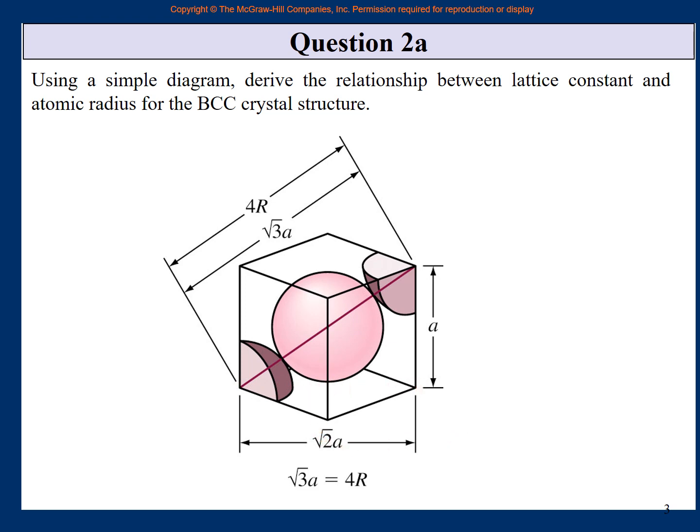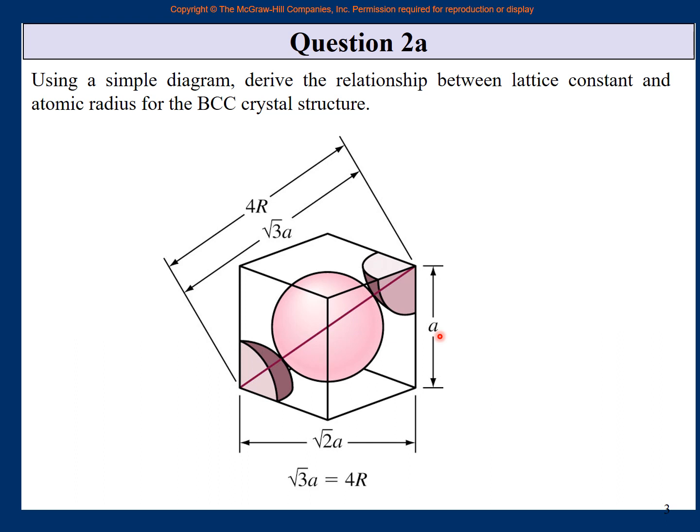This you have done, but this is now clear. Now the final triangle: this side is root 2 a, that side is a. So for this side, root 2 a whole square plus a square under root. Root 2 a whole square becomes 2a squared, plus a squared, so 3a squared.